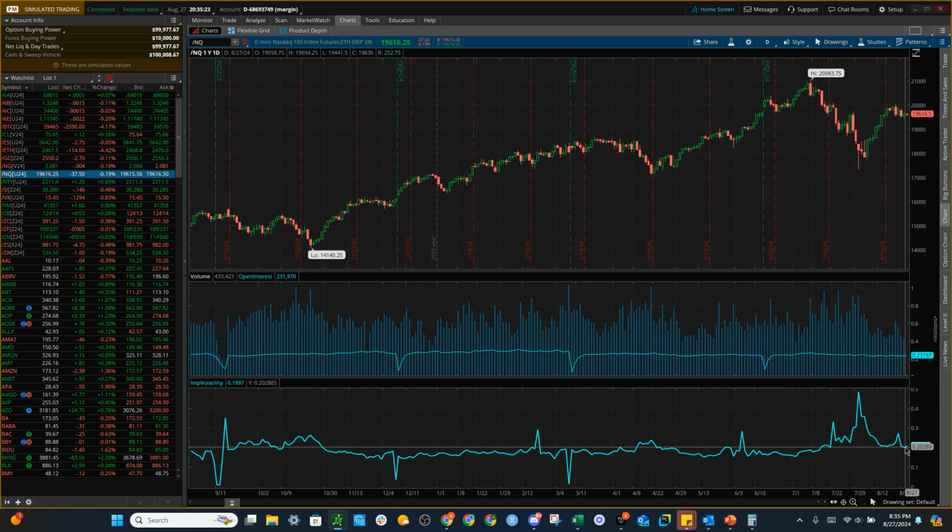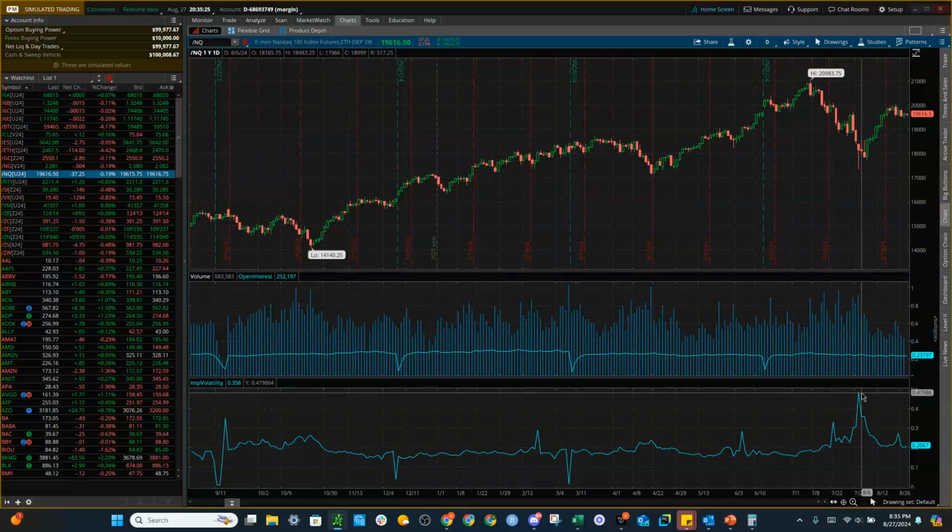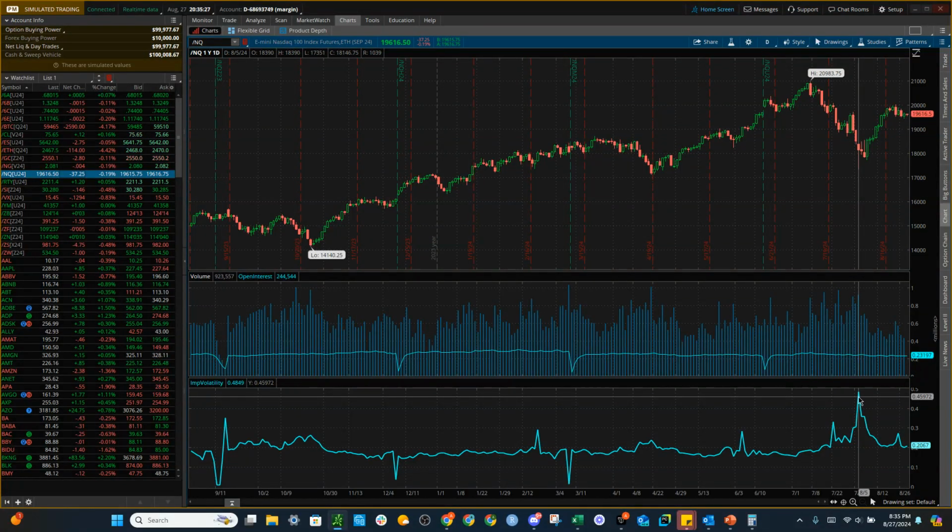If I draw a line for year to date, this was that big Monday morning move when everything moved down quite a bit, that yen carry trade fiasco, whatever it was. And since then, the volatility has tamed down. It's come down to its normal level of 20 for the year. This is a year-to-date chart, 1 year, 1 day chart.